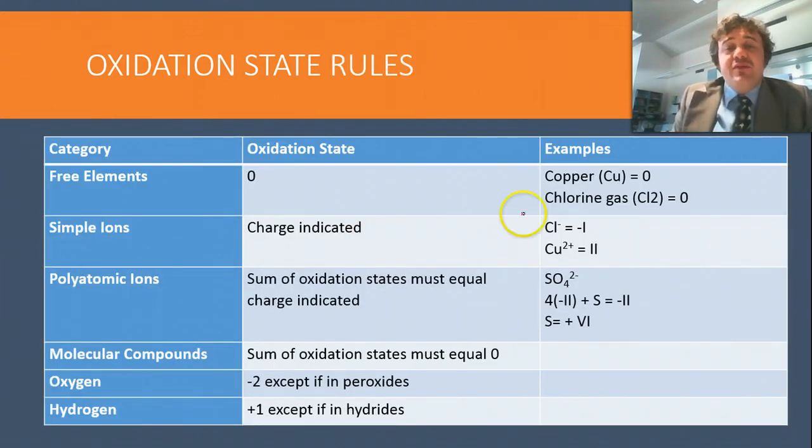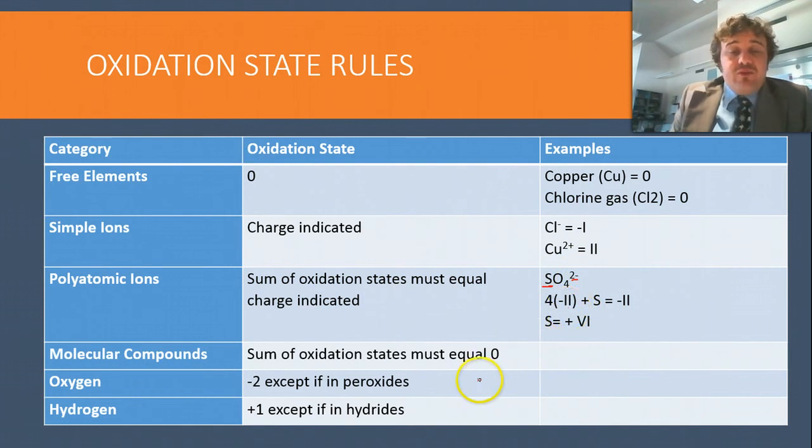These are the rules. Free elements have a 0 oxidation state. Simple ions, it's the same as the valency. Polyatomic ions, it's the same as the valency, which is stated. However, we can use this to work out what the oxidation state of this sulfur is. Okay, so for example, sulfate has a -2.